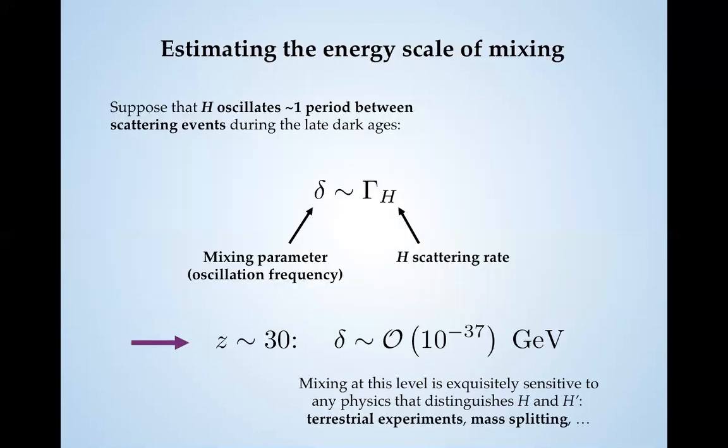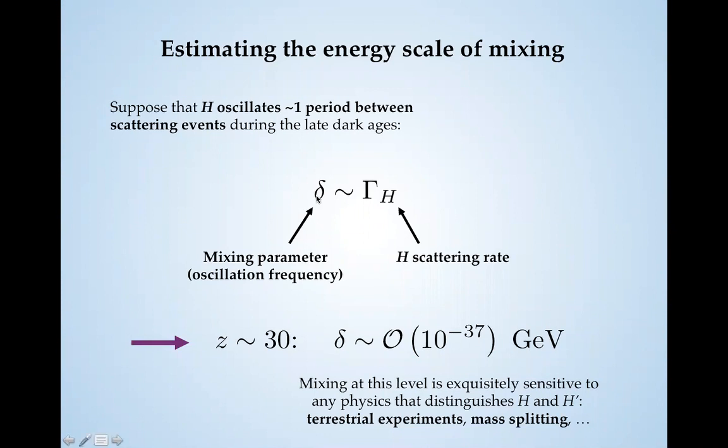All right, so let's estimate the energy scale of mixing that could make this timeline work. We actually do calculate things in a more sophisticated way than this, but this gives us the essence of the physics. So suppose that a hydrogen atom oscillates about 1 period between scattering events, sometime during the late dark ages.